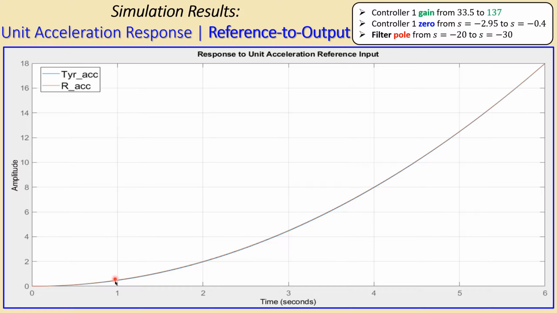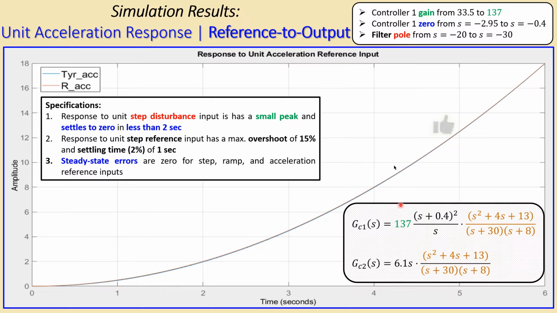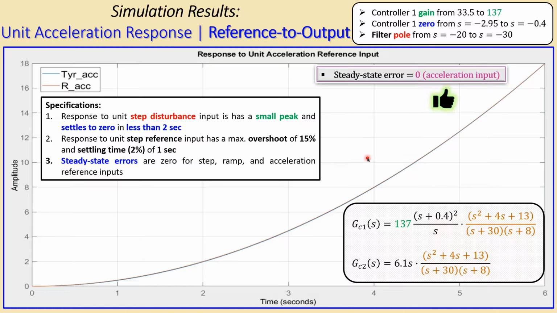If you zoom in, it's already a very small error, but the error is almost 0 when you go to larger time values. You don't measure that at the beginning, you wait a little bit, so at steady state they will catch up, and then it will be 0 steady state error for acceleration also. So that is what we require from the specifications, and this is the case again. So we know the steady state error for the acceleration is also 0.